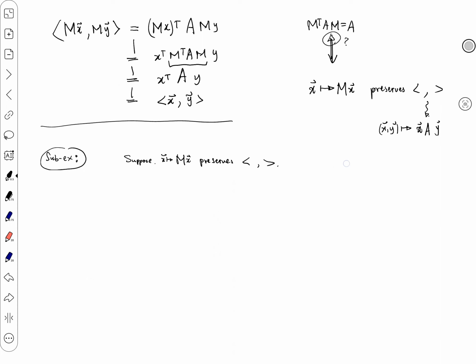Would it imply M transpose A M equals A? Let's try to have a quick idea. What we have is basically that this equals this for whatever x and y, right?